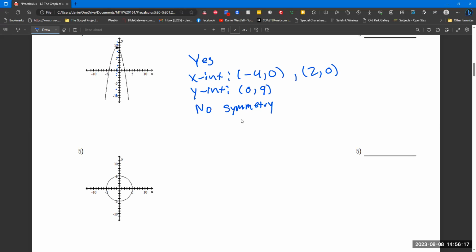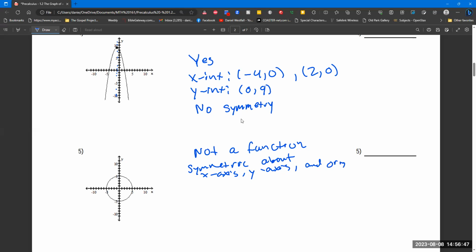The circle of radius 5 right here is not a function. It's centered at the origin there. So it's symmetric about the x-axis, y-axis, and origin, all three.